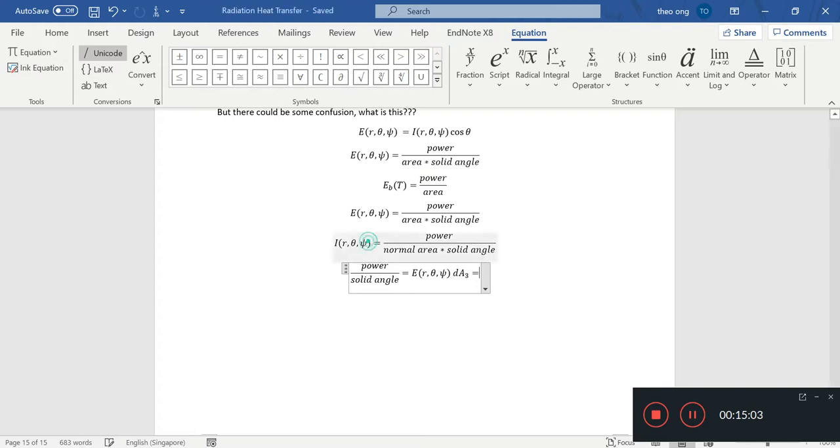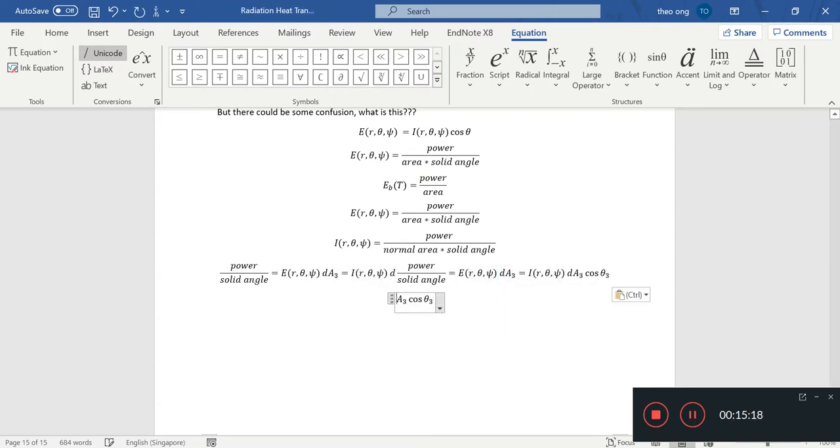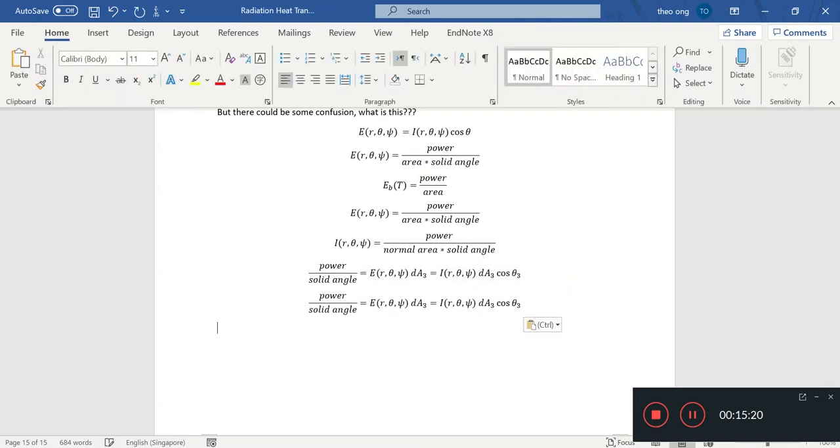And over here, if we want to multiply by the normal area, it is A3 cosine theta 3. And when these two A3 cancel out, we have Lambert's cosine law.